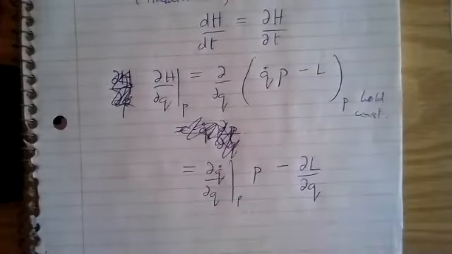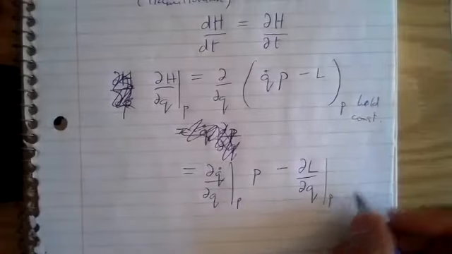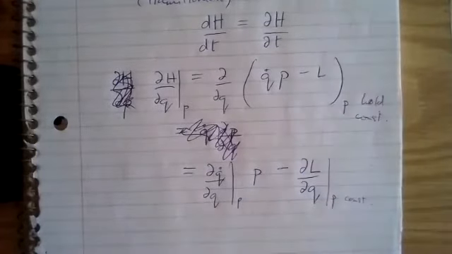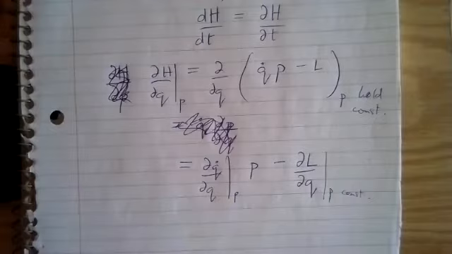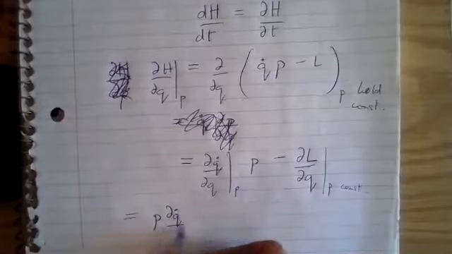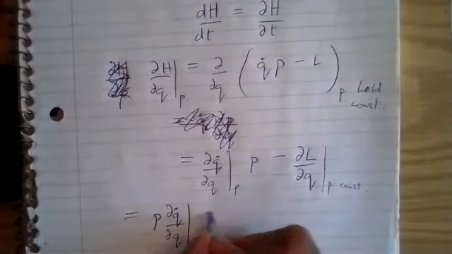But we have to be a little bit careful with this term because we are holding p constant, right? So what we do is we actually end up splitting it up. So let me write that again. So we have p partial q dot partial q holding p constant.